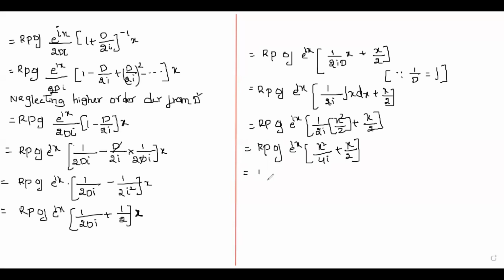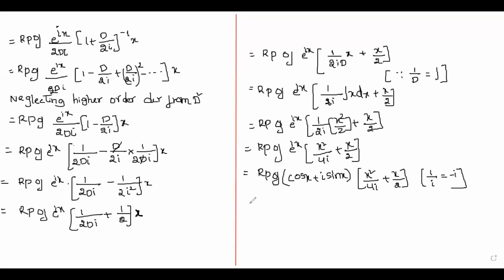So this is nothing but the real part of, now replace e power ix with cos x plus i sin x to get only the real part. (cos x plus i sin x) into (x square by 4i plus x by 2). Now here, another formula we are using: 1 by i is nothing but minus i.